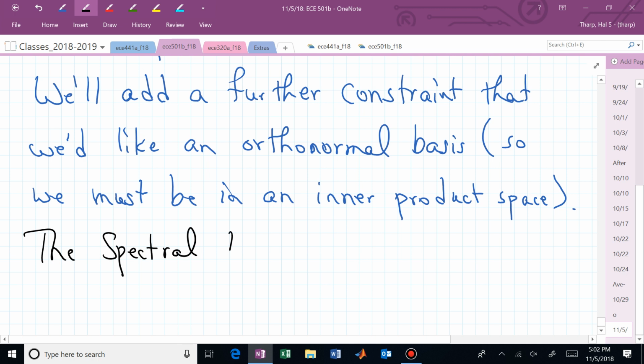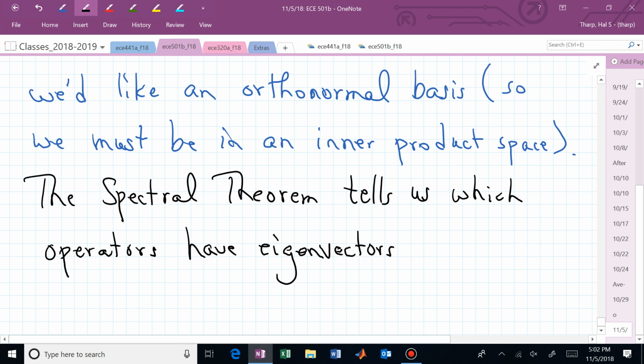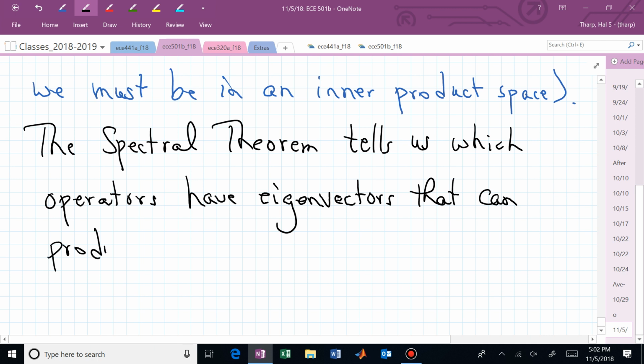The spectral theorem tells us which operators have eigenvectors that can produce such an orthonormal basis.